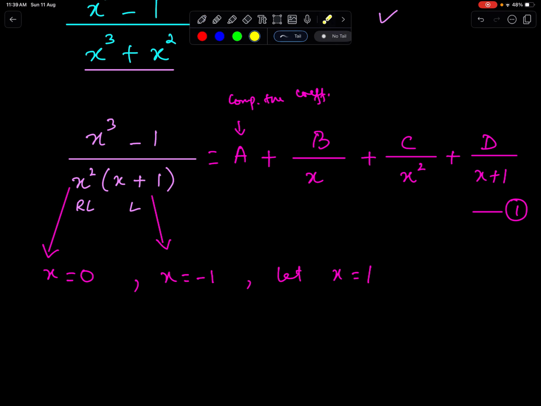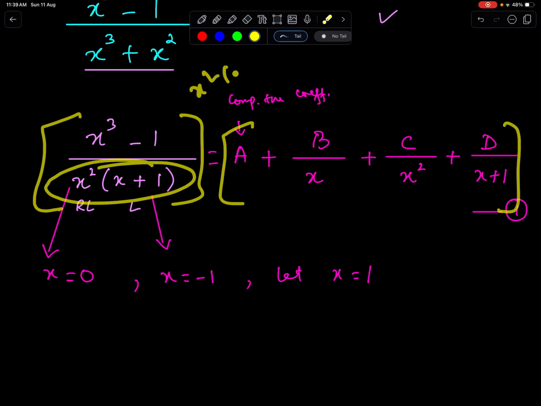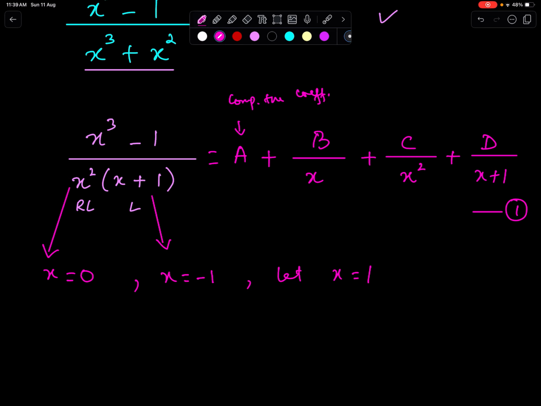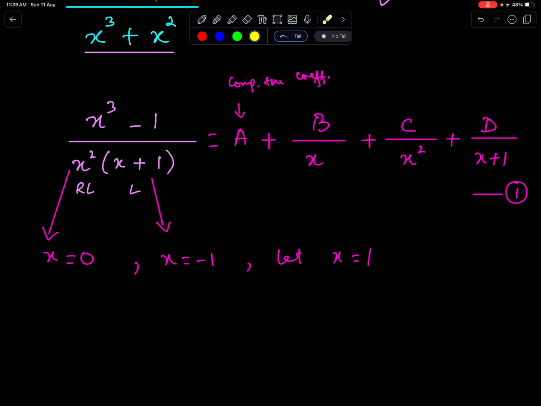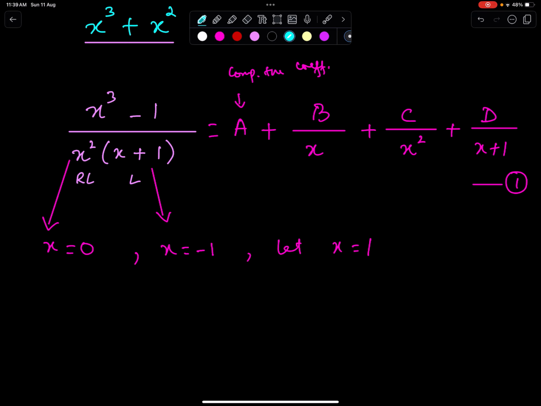Now eliminate this fraction and these fractions from this equation. For that you need to multiply both sides with this denominator. So when we will multiply both sides with this denominator, we'll get x cube minus 1 on left hand side, and on right side we have a times x square times x plus 1.